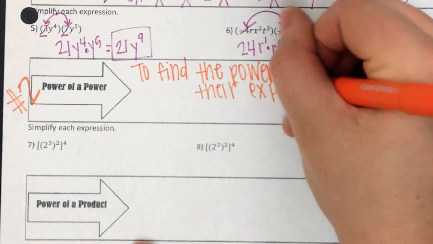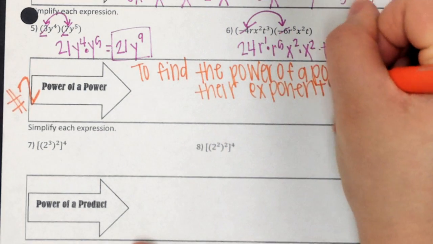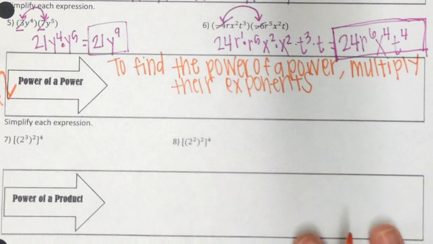To find the power of a power, you need to multiply their exponents. Multiply their exponents. I'm about to show you some examples.